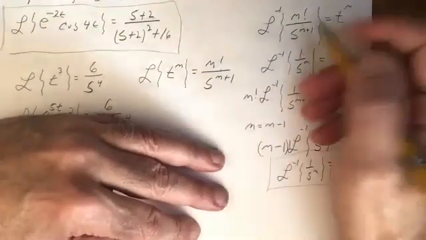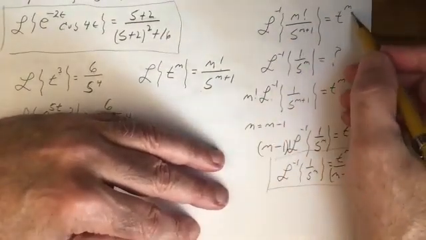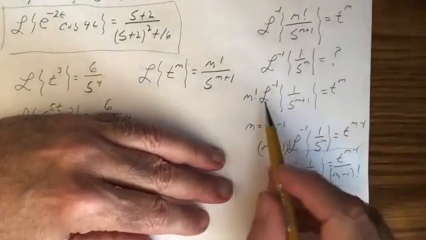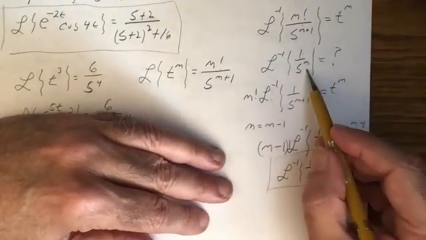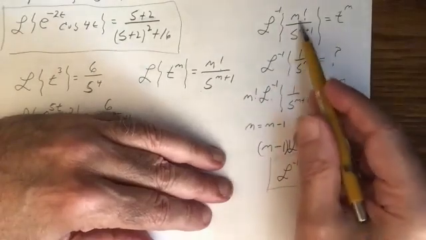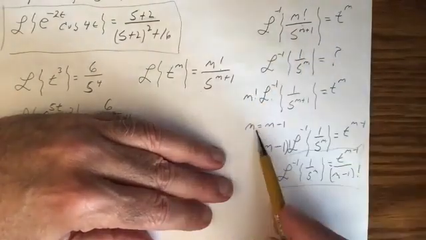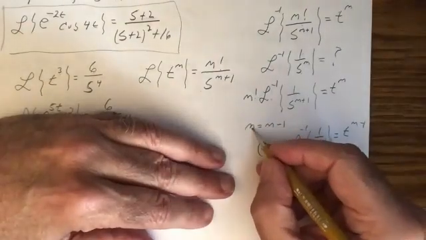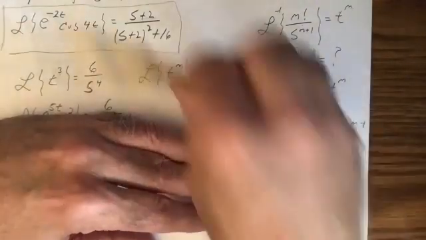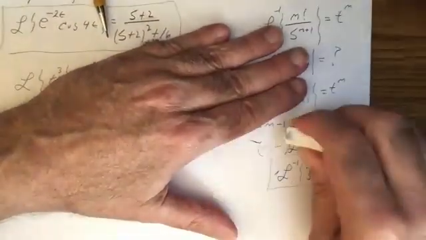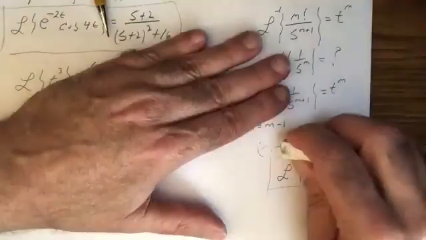Okay. So once again, the inverse Laplace transform is this, right? All I'm doing here is taking this and factoring out the n factorial, and then replacing n with n minus 1. So now this is n minus 1 factorial, right?